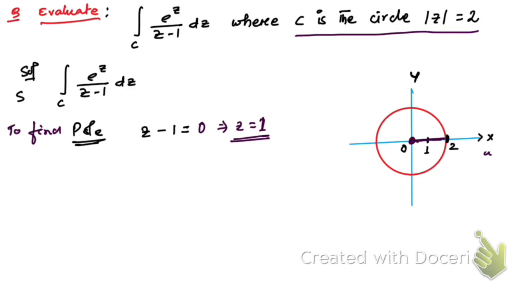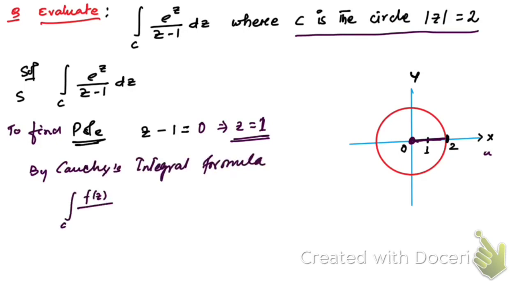Now again, by Cauchy's integral formula, we can write the integration along C of f of z by z minus a dz is equal to 2 pi i f of a.